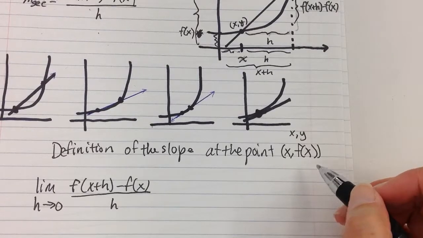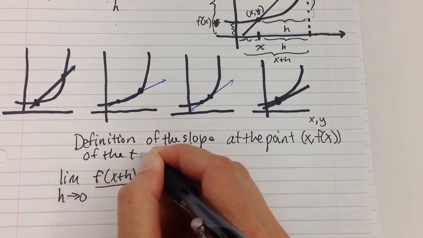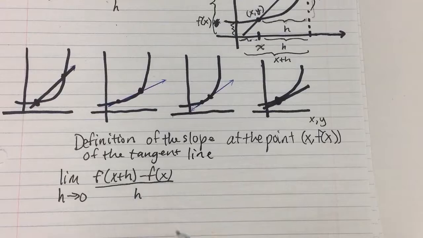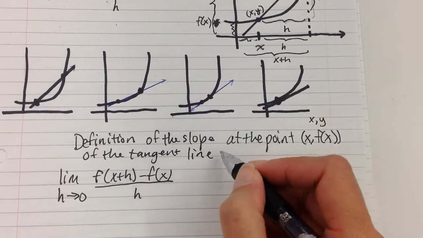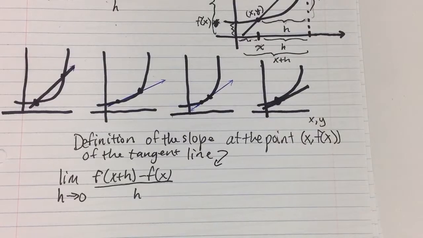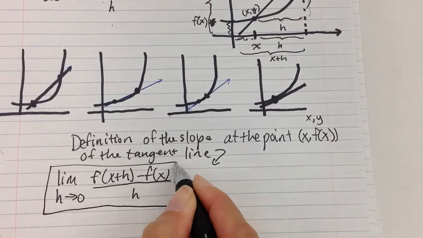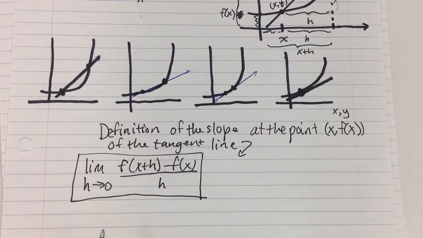Of the tangent line, so this is the slope of the tangent line at x f of x is given by this equation right here. Okay, which is, so we're just taking the difference quotient at these 2 points.